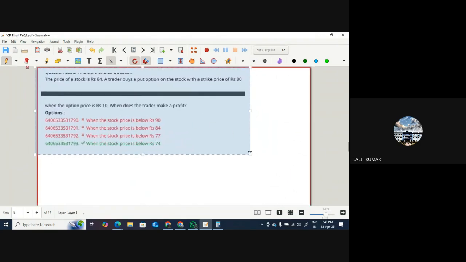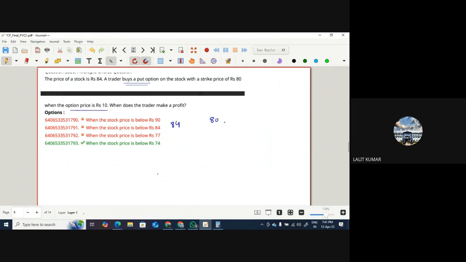The question is: the price of the stock is rupees 84, but the trader buys a put option with a strike price of rupees 80, with an option price of 10 rupees. So he has paid 10 rupees. The strike price is 80. Now, what are the scenarios when he will make profit?